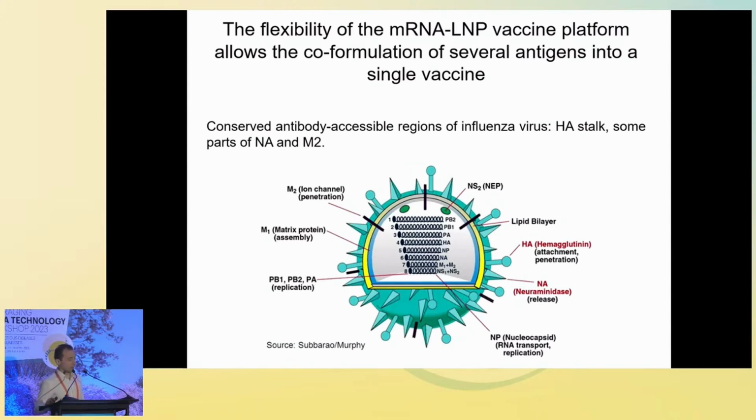And we definitely take advantage of this in this project and in many other vaccine projects. In our flu vaccine, we really wanted to target conserved antibody-accessible regions of influenza virus, such as the conserved stalk or stem domain of hemagglutinin, neuraminidase, and some part of the matrix protein 2.